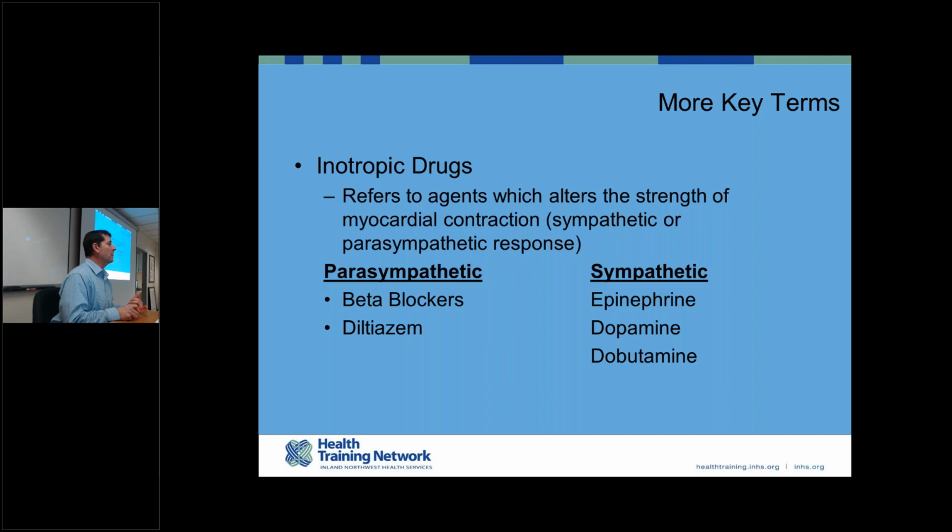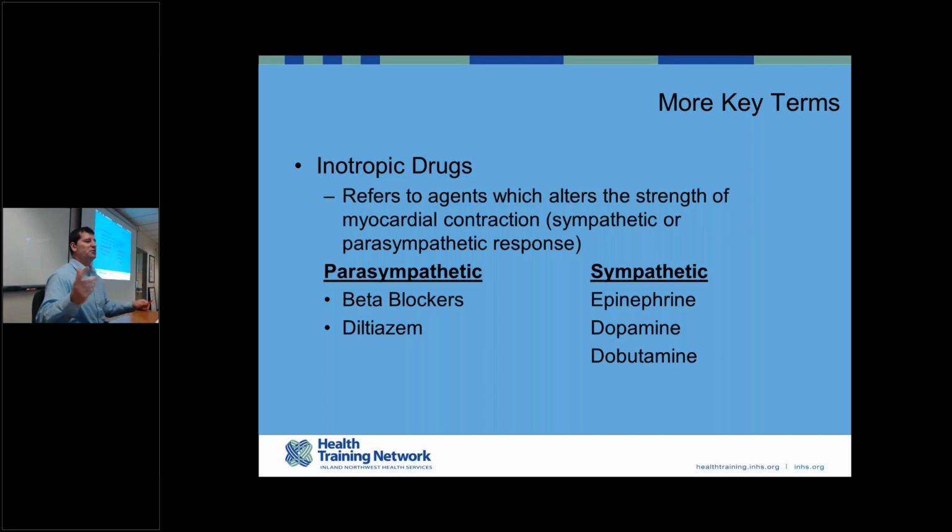Chronotropic is what? Rate. Chrono is time, so it's heart rate that we're dealing with. Dromotropic is what? Right, so how well that heart muscle is going to be able to conduct and transfer. And inotropic is the actual contractility, correct?